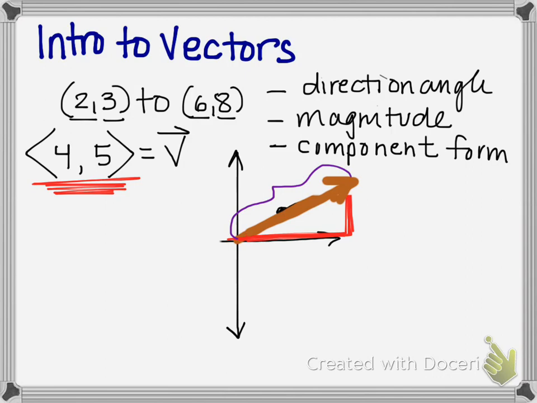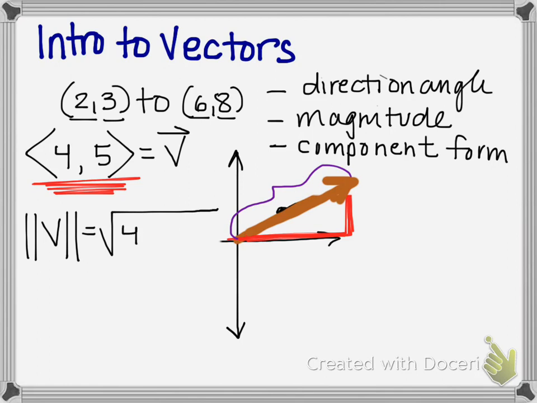Another notation thing is that for the magnitude that I'm talking about finding, the notation to indicate magnitude is the vector variable with these bars around it. Okay, so the magnitude of this vector is the square root of the two sides, right?